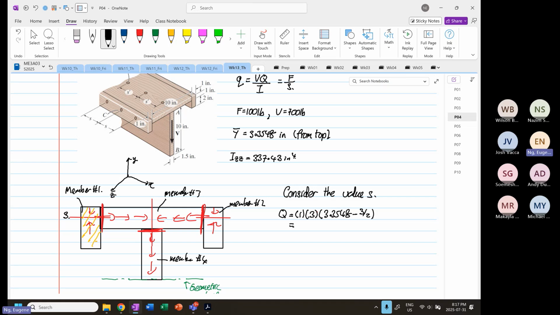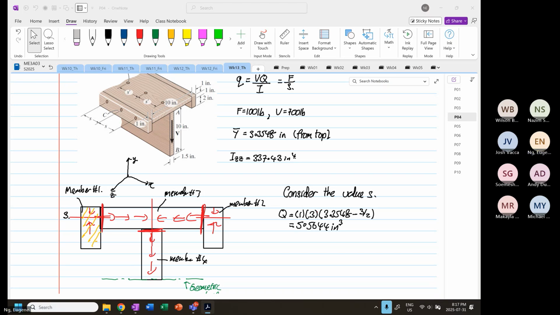So this will be equal to 3.3548 minus y3 divided by 2 times 3 times 1, 5.5644 inch cube.